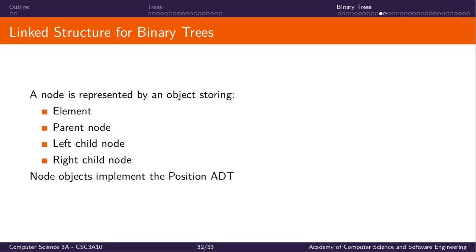Now with our binary tree, we'd simply store a reference to an element, a reference to our parent, and now just two references, because we know we'd have at most two children, so we wouldn't need a reference to a list that can store several children. In this case, we can have two references, which can refer to a left and right child, or they can both be null, in which case we'll have an external node which will not have any children. And so this node is what we can use to implement the position ADT for our binary tree.